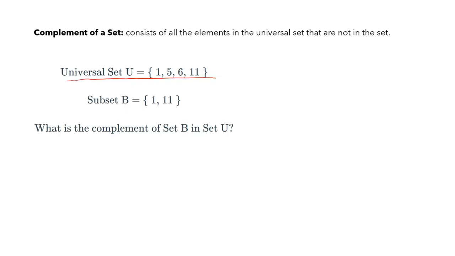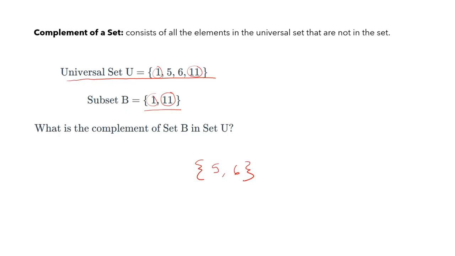So I have subset B, which is 1 and 11. 1 and 11 are both listed in that universal set and match 1 and 11 here. So the complement would be the elements that still exist in the universe, but do not exist in subset B. And so we could say that our set is 5 and 6.